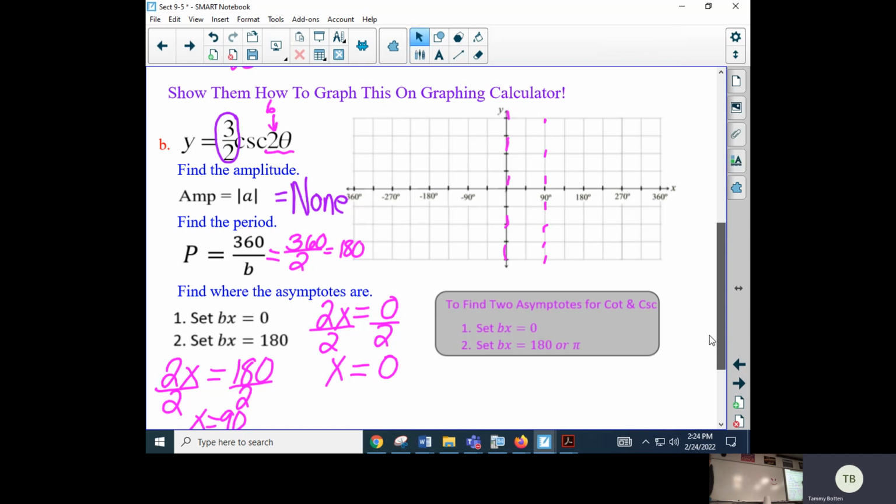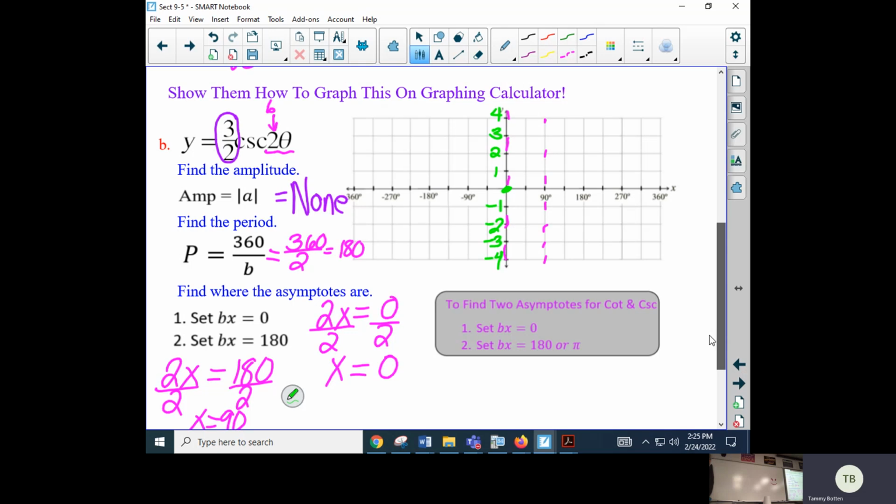Now, think about sine. Sine is the reciprocal of cosecant, all right? And when you do sine, sine starts at 0, okay? But our amplitude here is 3/2, which is the same as 1.5. So I'm going to make this 1, this 2, this 3, this 4, and -1, -2, -3, -4.